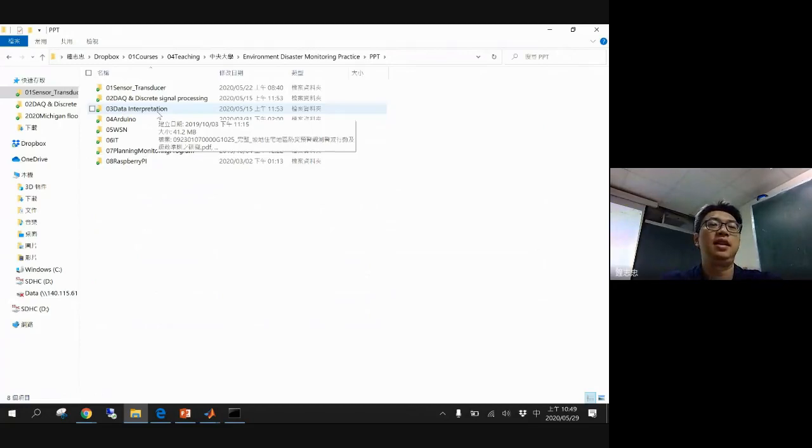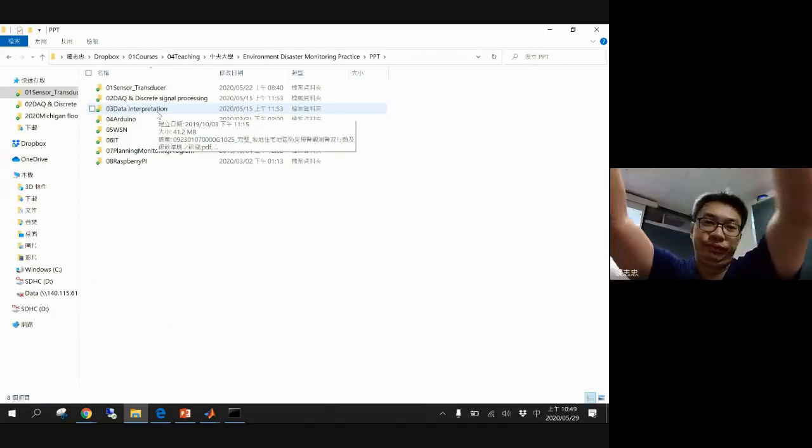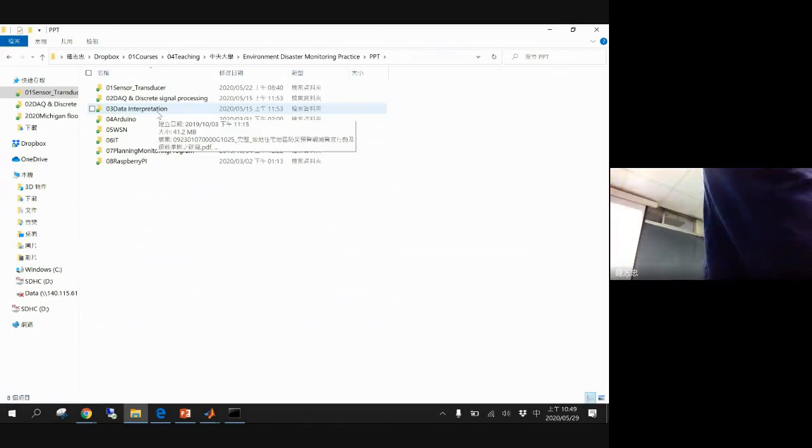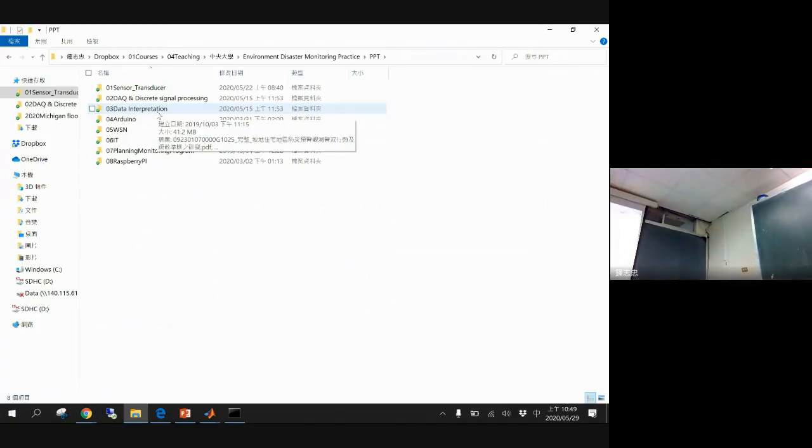Okay, before I start the next chapter regarding wireless and IT, next week we will have a very quick practice based on the Raspberry Pi. So each group, I lend you a Raspberry Pi, and you need to go back and install the OS by yourself.